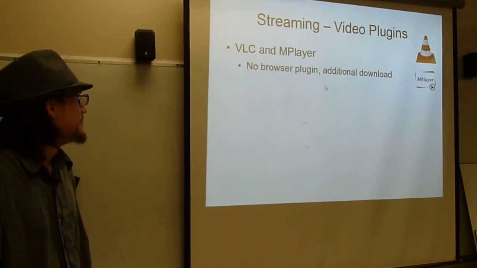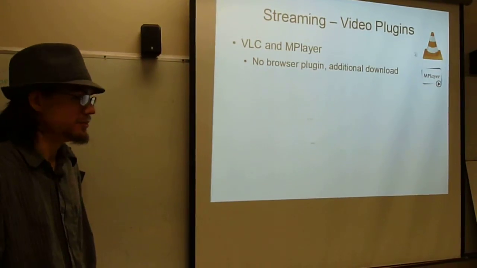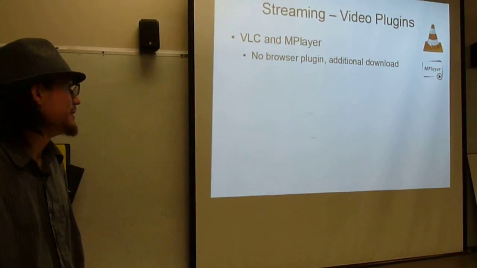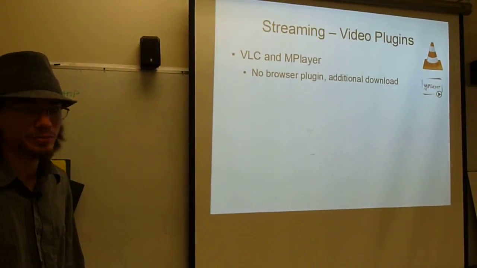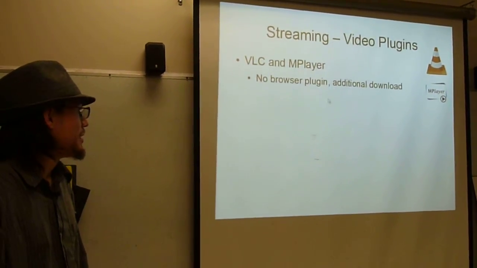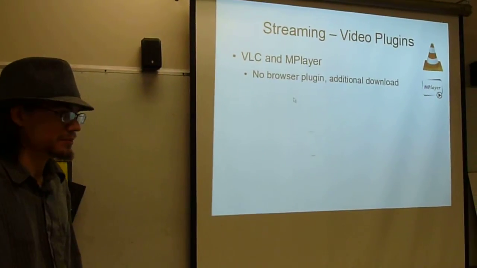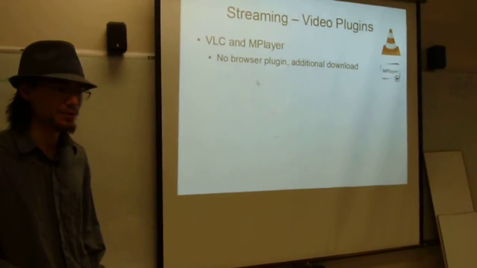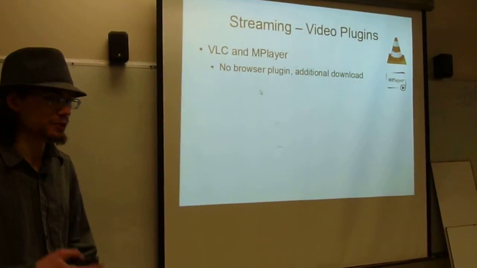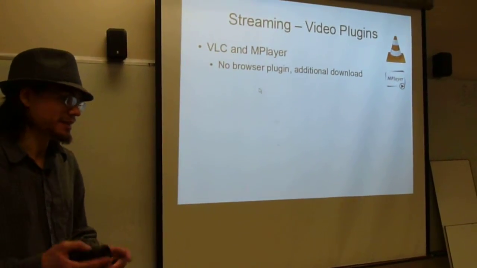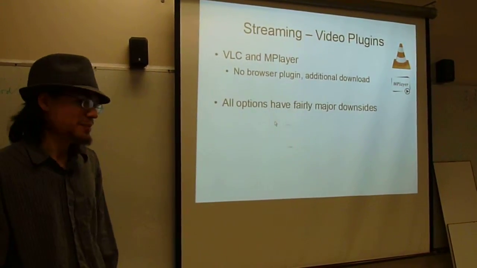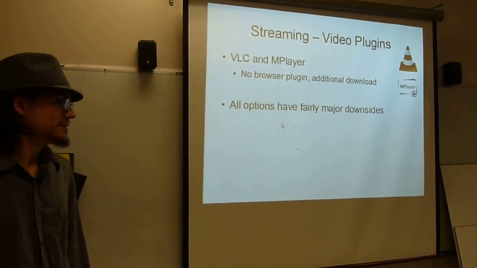And then you have these 2 standalone options, VLC and MPlayer, 2 fairly well-known open source video players. The problem is they don't have a browser plugin, so if students want to watch videos, they have to open them outside the browser. They can't just go to a web page and have it display in the web page. So all of these options have fairly major downsides.